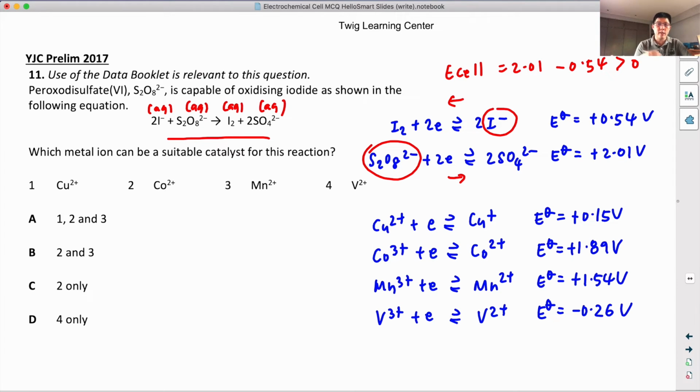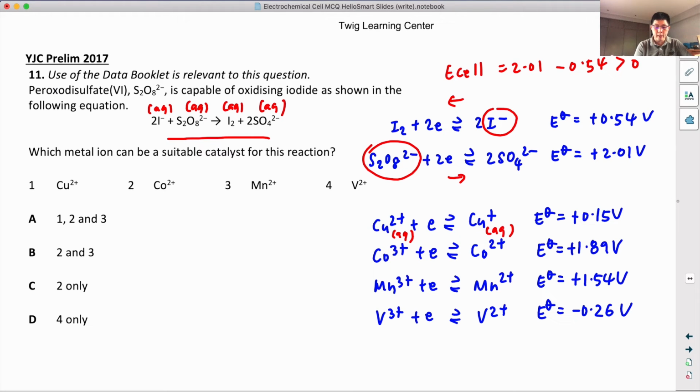Since the reactants are all aqueous, the homogeneous catalyst must also be aqueous. So I've chosen this equation, and you can see that this is aqueous and this is aqueous also, right? I didn't choose the one that gives you copper metal, Cu2 plus becoming Cu. I chose the one that becomes Cu plus, all right? Both sides must be aqueous, right?